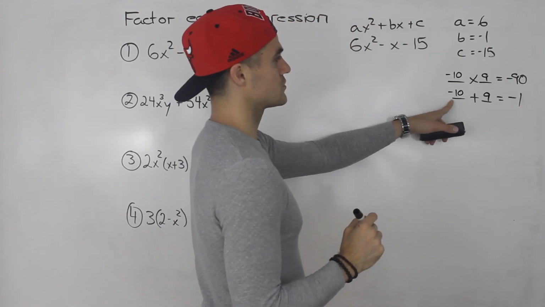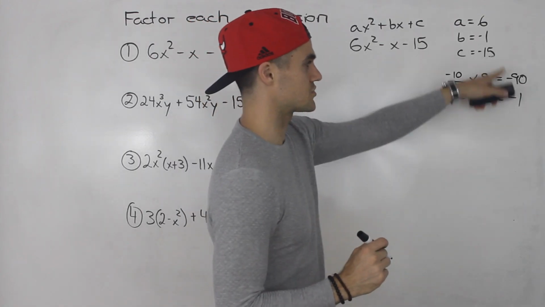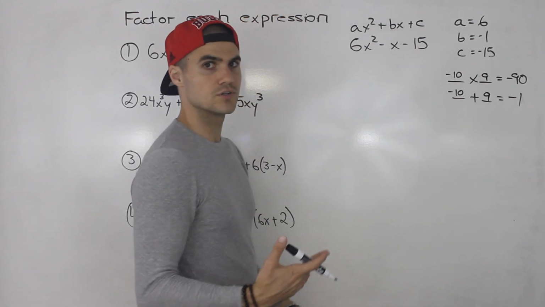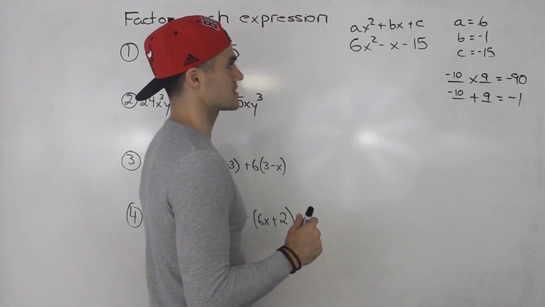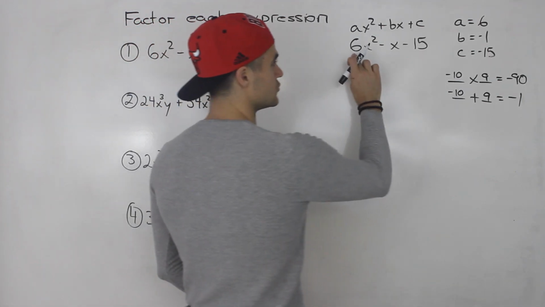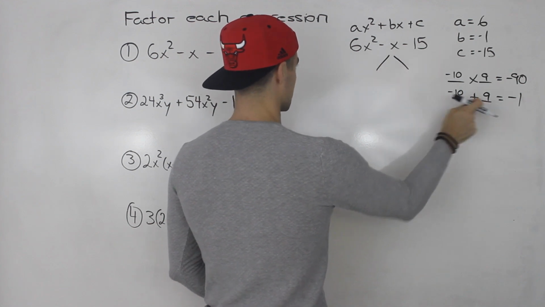Once you have those two numbers, sometimes this process is going to take you a little longer, especially if these numbers are bigger and more complex. But the more you do, the quicker this process will be. What you do once you have those two numbers is you rewrite this expression, but you decompose that middle term into those two numbers.